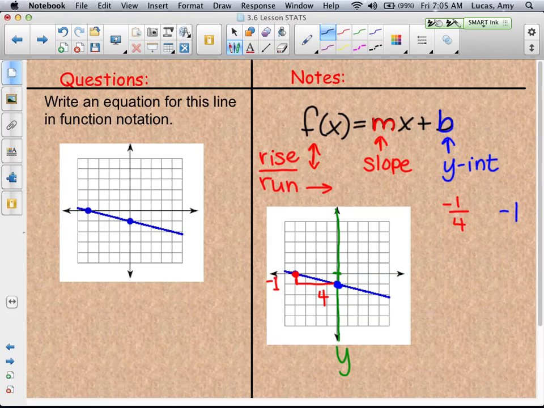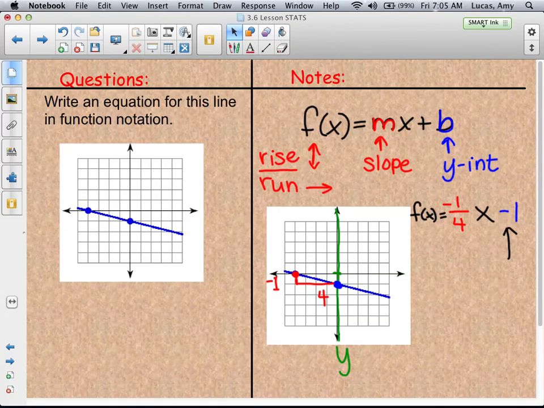Now I just need the rest of my equation, f of x equals, and then the letter x after the slope. Make sure that you have a sign in front of your intercept. So a sign meaning if it's a positive intercept, a plus, a negative intercept, a minus. So that it's not a number written right next to the variable, like the slope is. So that's our equation.